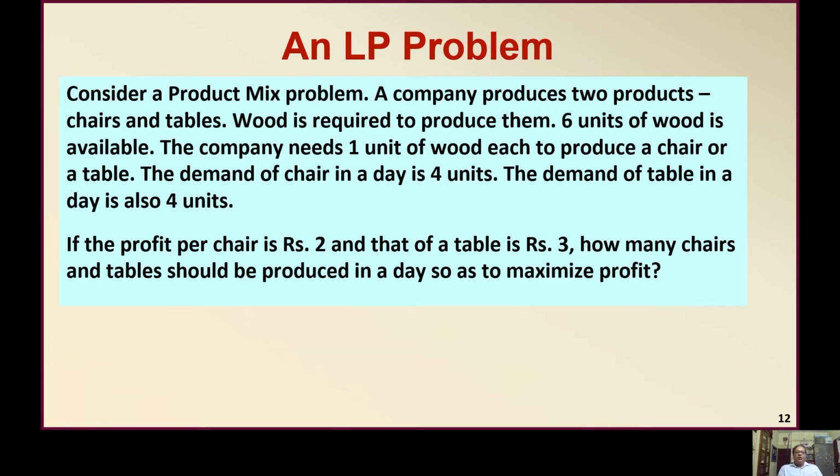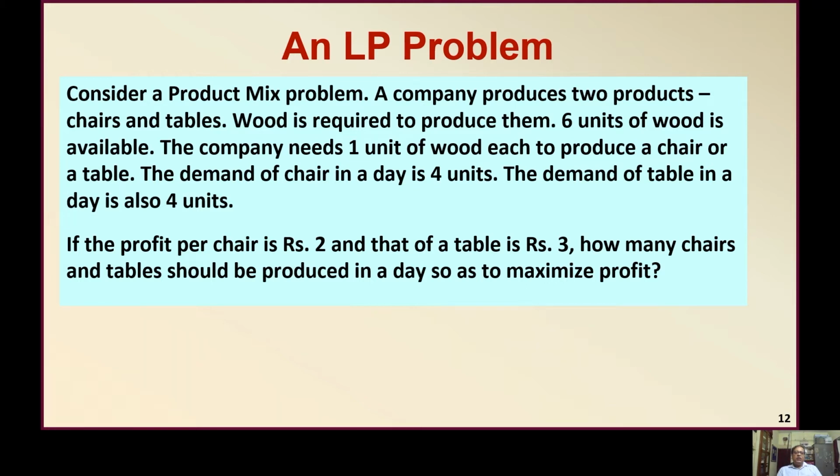So let's take a simple problem. Here is a very simple problem. Consider a product mix problem. A company produces two products, chairs and tables. Wood is required to produce them. 6 units of wood are available. The company needs 1 unit each to produce a chair or a table.